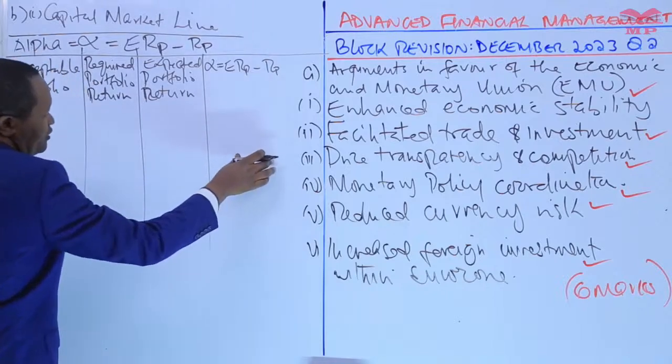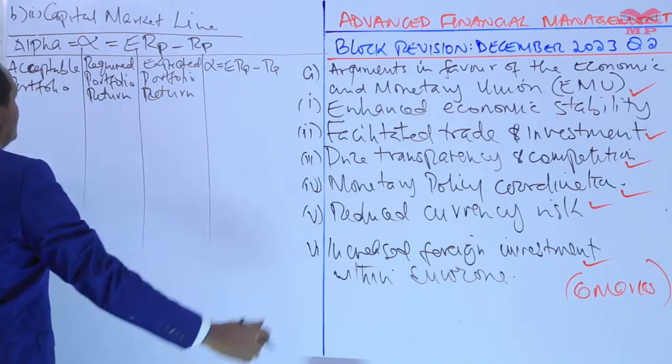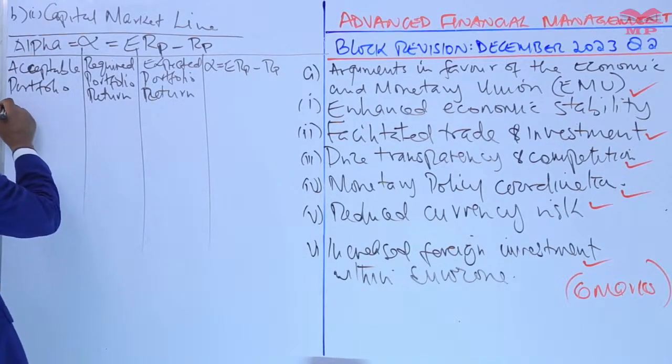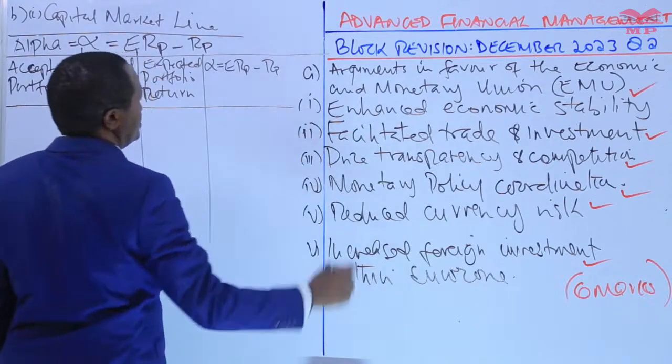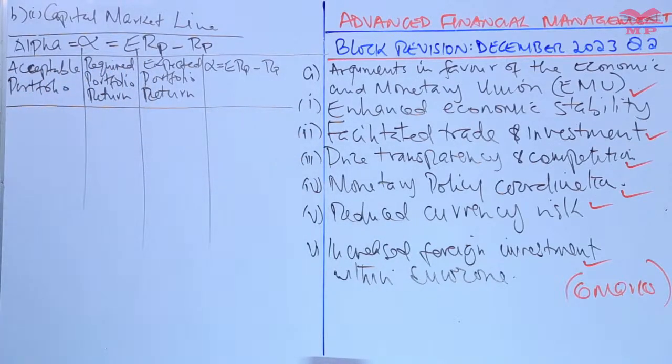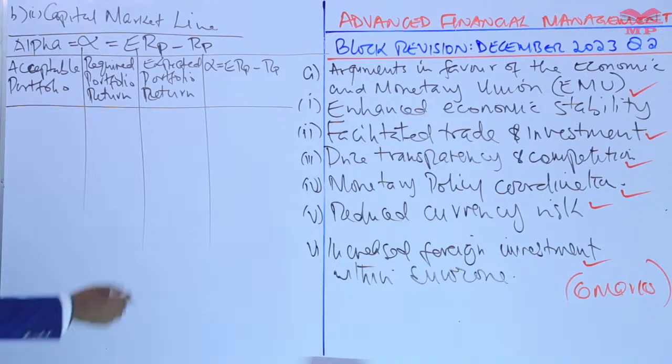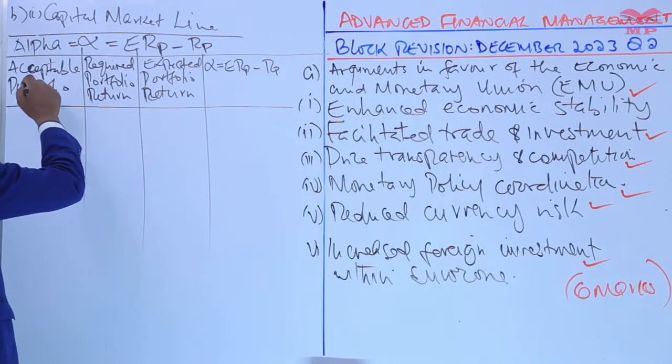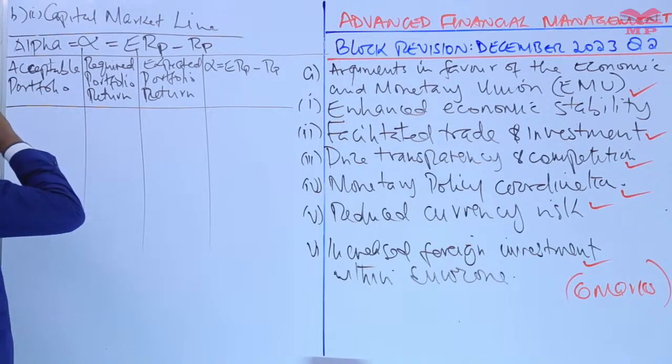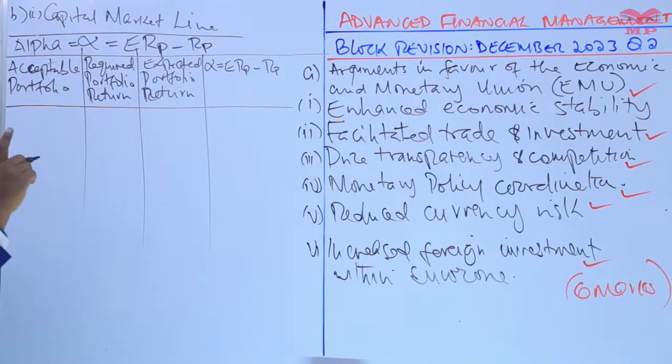Then based on this alpha of the different combinations, we will advise what project to invest in, what portfolio to invest in, what the right combination of projects is. For that, this is the formula.